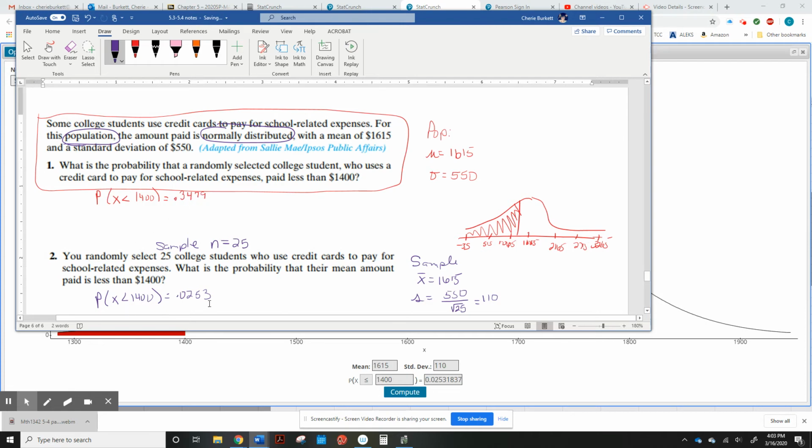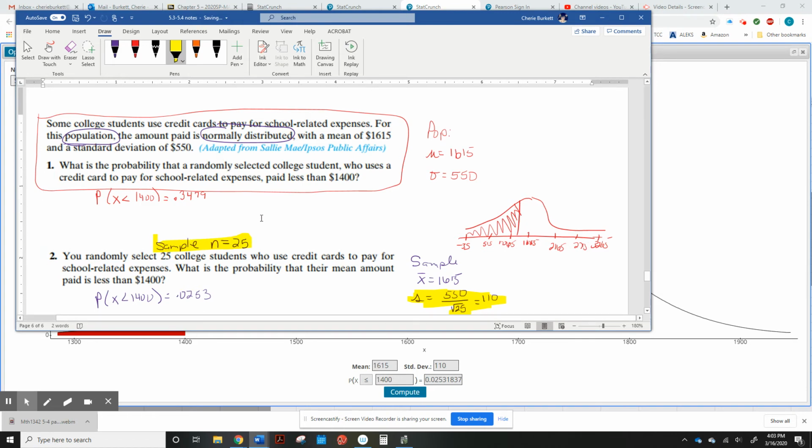But if you're dealing with the sample, you do not get the right answer because you forget to do this. So this right here, people, is going to be what gets you guys. You must know to do that. And when do you do that? When you're dealing with the sample.